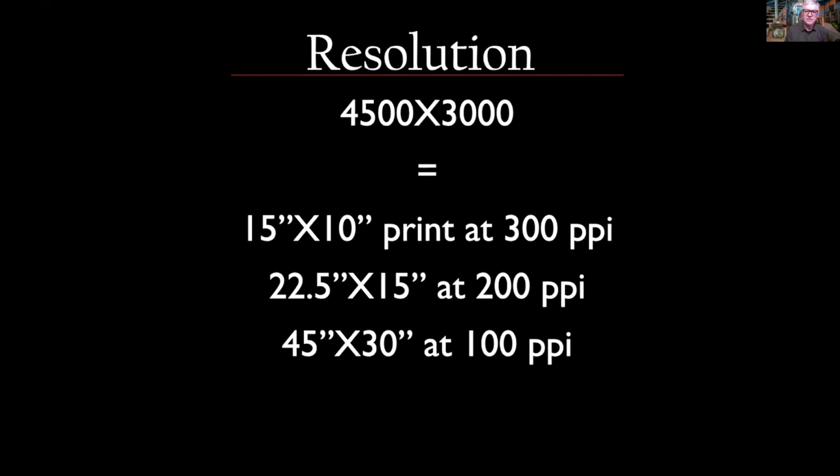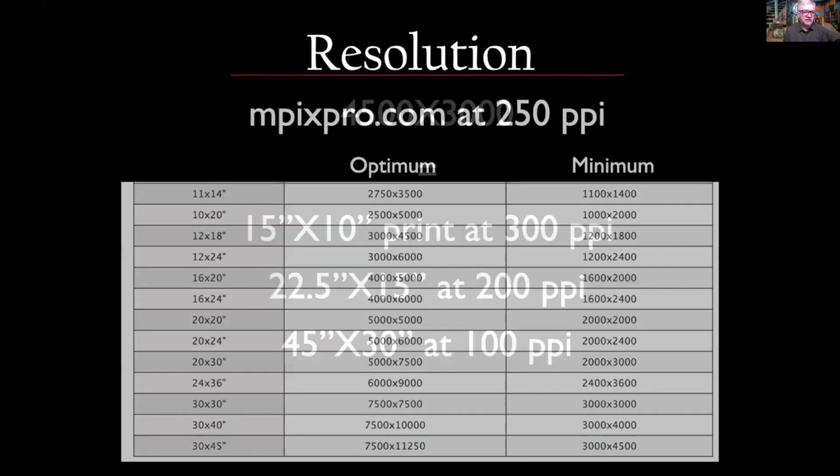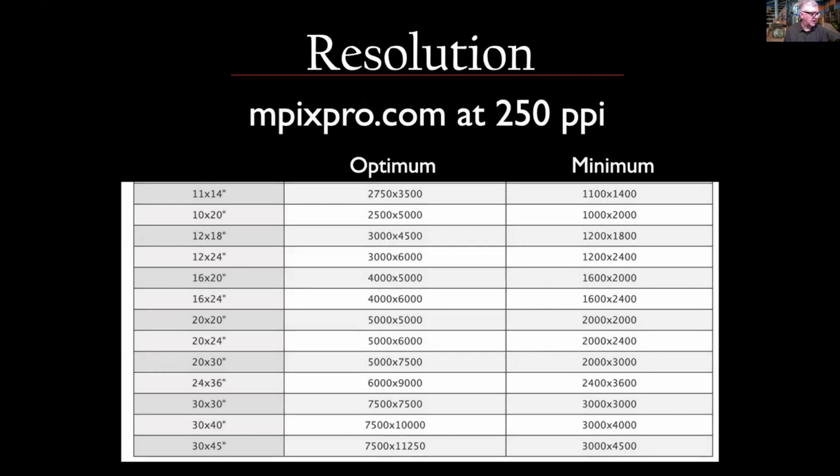And so I pulled this off of MPix Pro, which is one of the top print labs in the country. That's a screenshot showing the file size recommendations. On the left is the print size, so 11 by 14 on top. Then they have the optimum pixel dimensions and the minimum pixel dimensions.